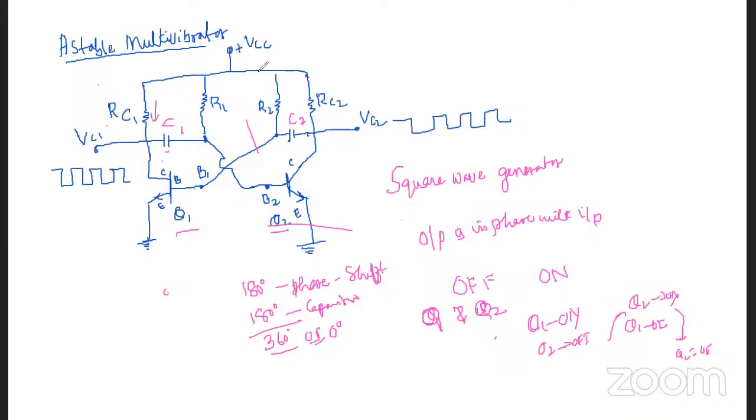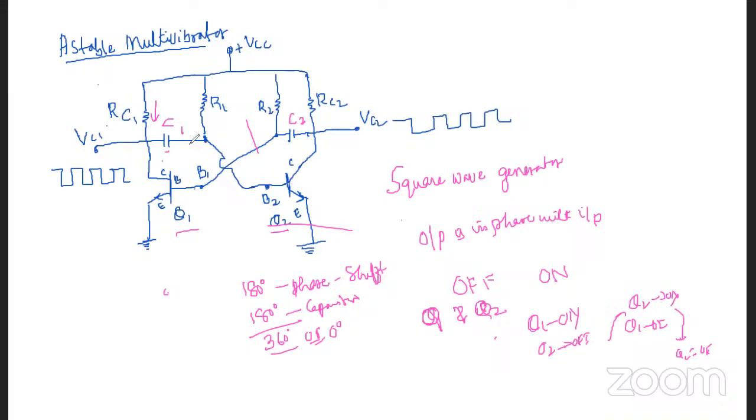Whenever VCC is switched on, through this RC1 the capacitor is going to be charged, and then Q1 goes to the on position and Q2 to the off position.